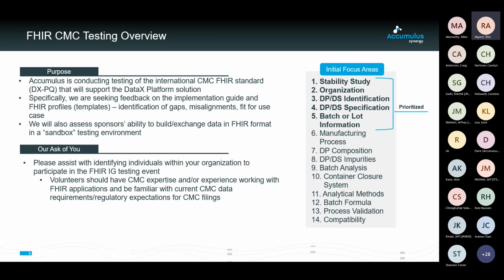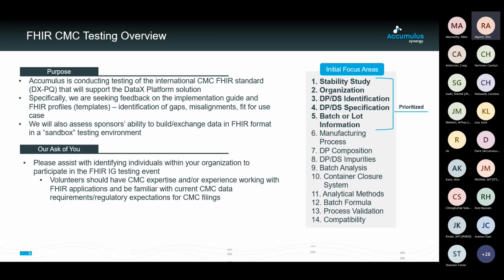We're looking for feedback on the implementation guide and the FHIR profiles that will be used. It would be very helpful, from a CMC perspective, to start identifying any gaps, misalignments, and fits for the use case. For example, we're going to be using these FHIR profiles for exchange of CMC data. Today we're going to be looking at a variety of different domains, perhaps most notably stability.